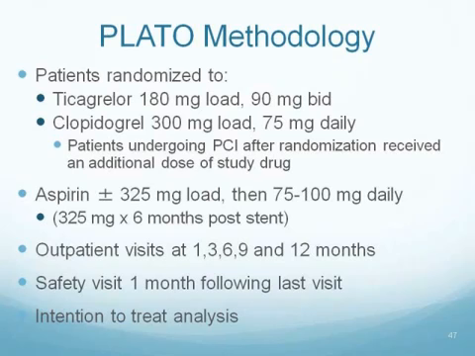The aspirin was a 325 milligram load, then 75 to 100 milligrams daily. However, they did recommend 325 milligrams for the first 6 months in patients who received a stent. Patients were followed for 12 months, and they had another safety visit 1 month after their last study visit.